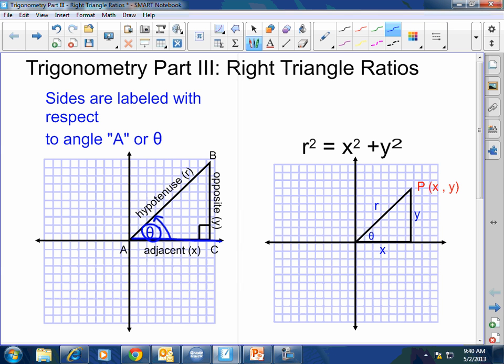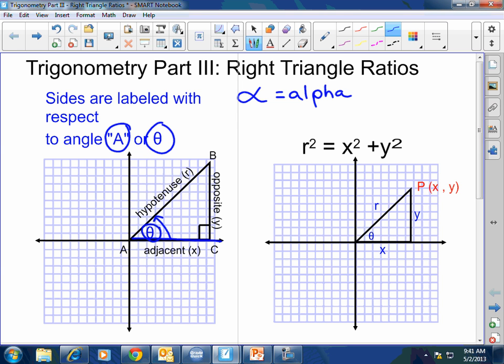That symbol there is called theta, with respect to angle A or theta. Sometimes they'll say find the trigonometric ratios from angle A. Sometimes they'll say from angle theta. A couple other symbols that you should know. This is alpha. It's not capital, it's lowercase, that's alpha.